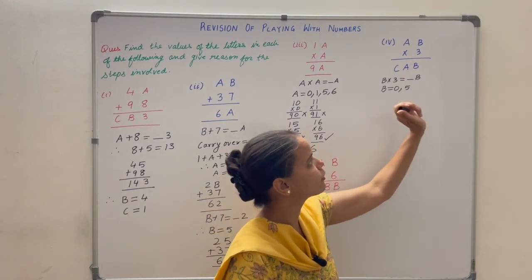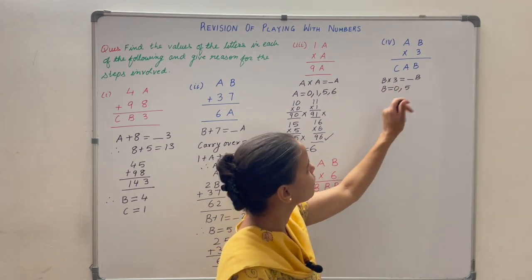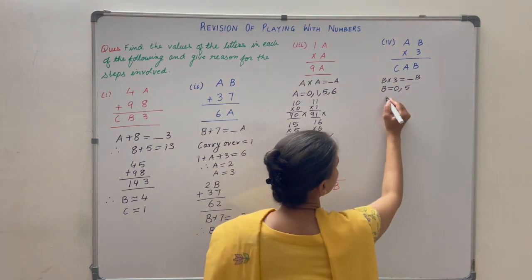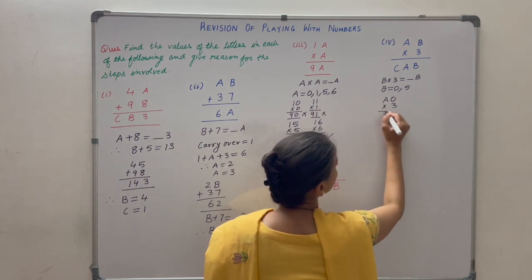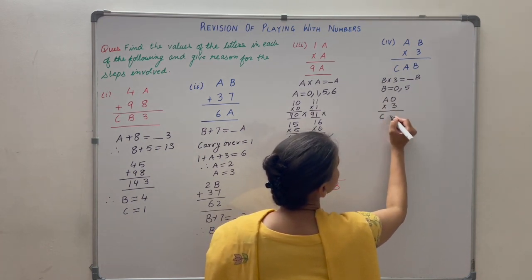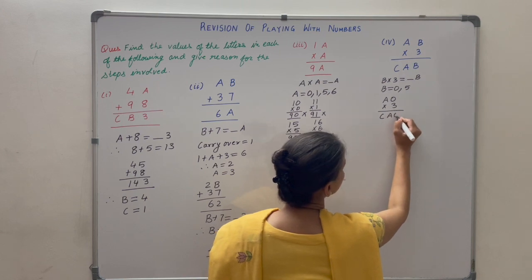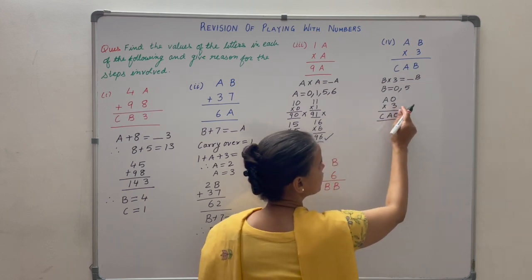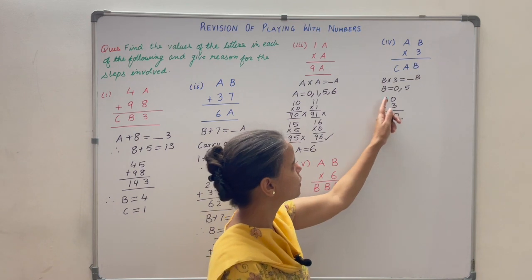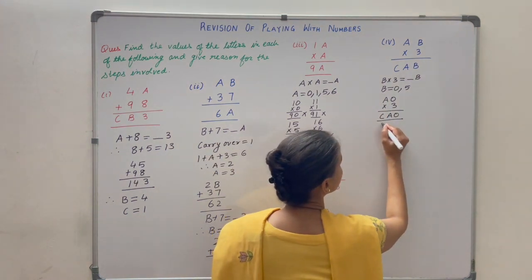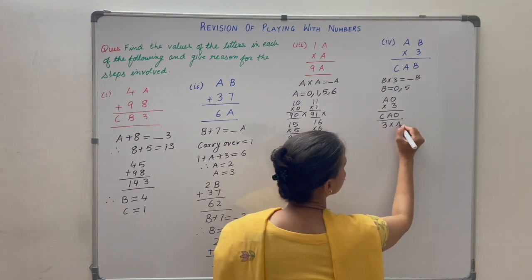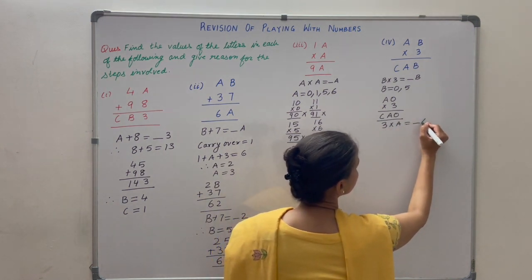Now let us put the value of B as 0 first. So A 0 into 3, you should get C A 0. So 3 into 0 is 0. Now 3 into A should give you A in the units place.